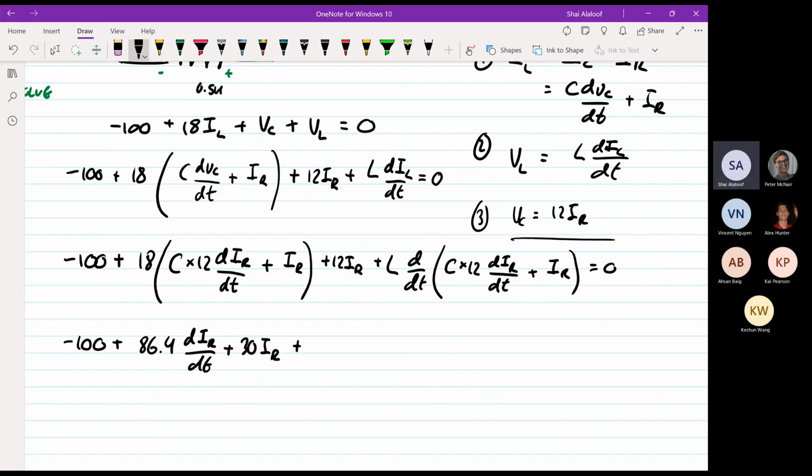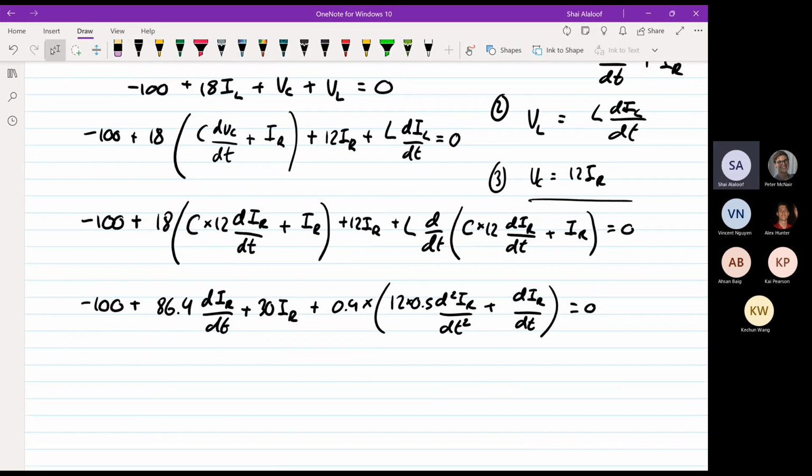Plus L times that, so 0.4 times the derivative of that. That should be 12 times C times d squared IR on dt squared, because you're taking the derivative of a derivative. That just gives you the second order derivative. And then dIR on dt equals 0.